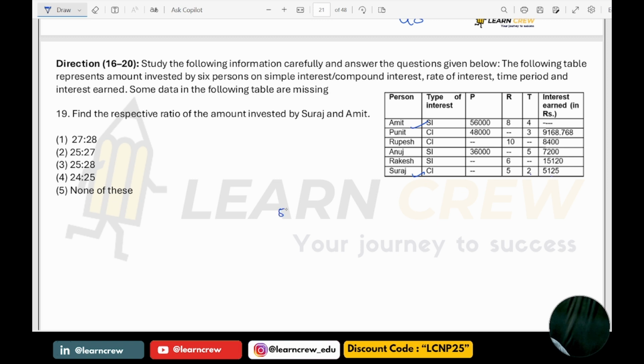So I can say 5,125 is equal to P into, the rate of interest is given, 1 plus 5 by 100 whole square minus 1. So how much are we going to get here? 5,125 is equal to P into 21 by 20 squared, so 441 by 400, and 441 minus 400 is 41 by 400.